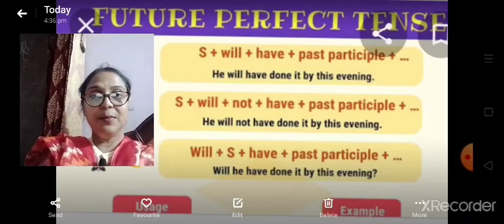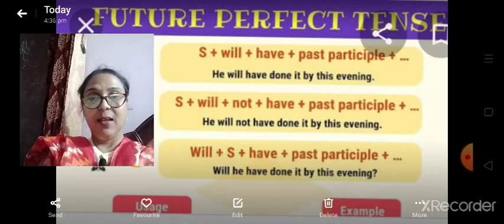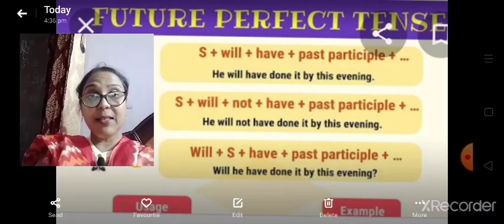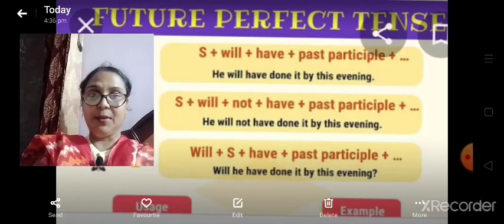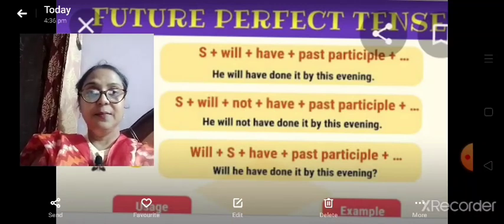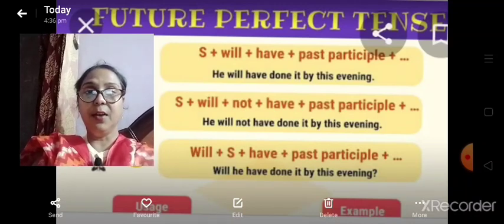In future perfect tense, we are going to use will have plus the past participle. It means the third form of the verb.